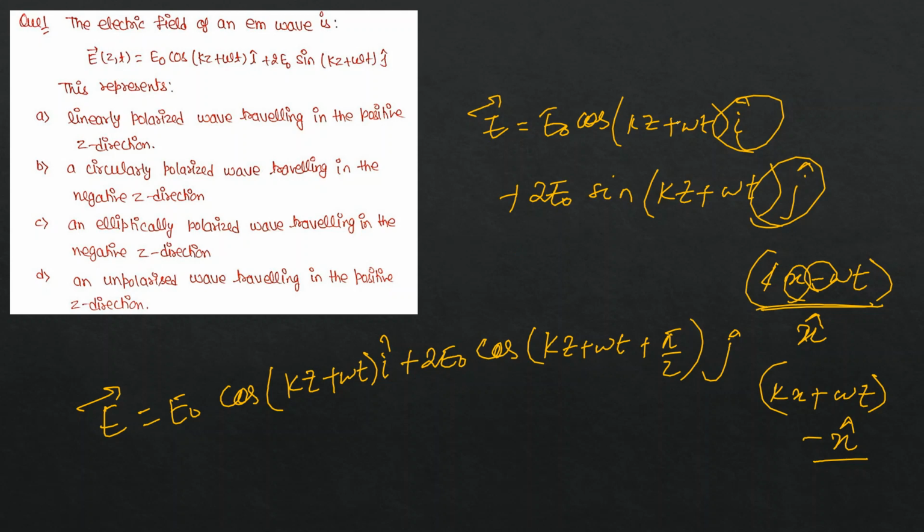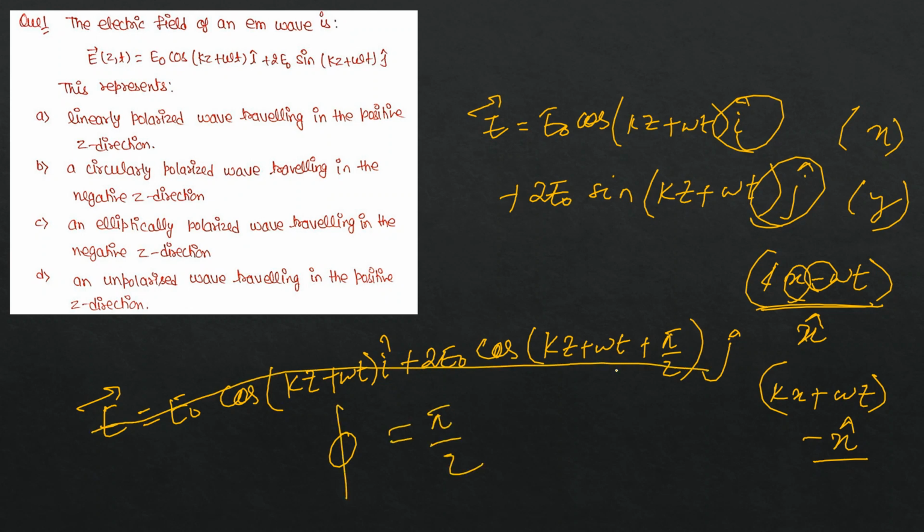So what is the phase difference? This is your x axis, this is the y axis, so the phase difference is pi by 2 already.